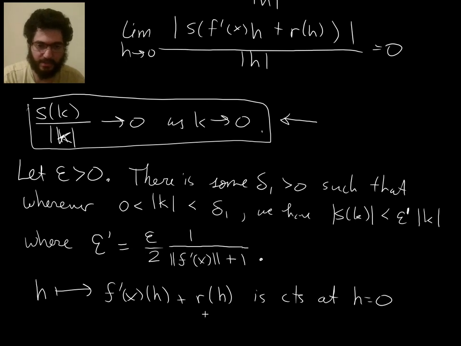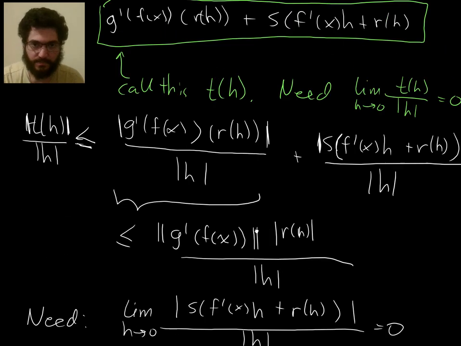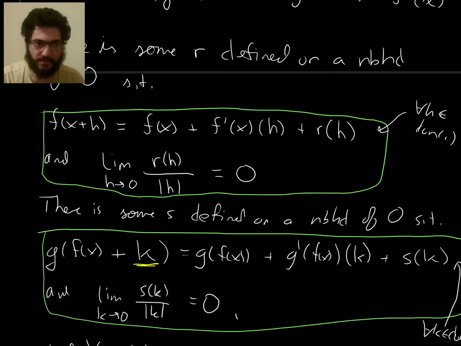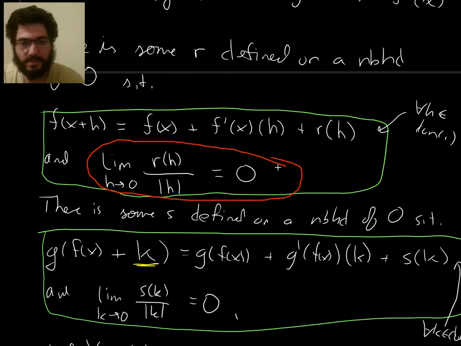This is a function that's defined on whatever is the domain of R, and it sends 0 to 0. And we have seen before that R is continuous at 0. That fact follows from this limit statement. So we've seen before how this tells us that R must be continuous at 0.